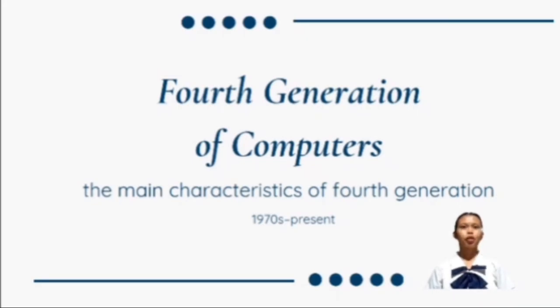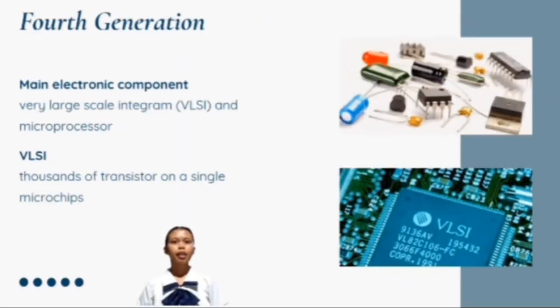Fourth generation of computers. The main characteristics of the fourth generation of computers. Main electronic component: very large scale integration, or VLSI, and the microprocessor. VLSI means thousands of transistors on a single microchip.